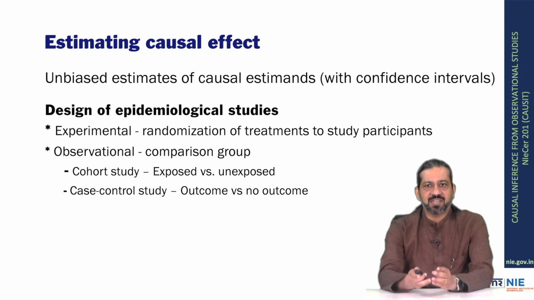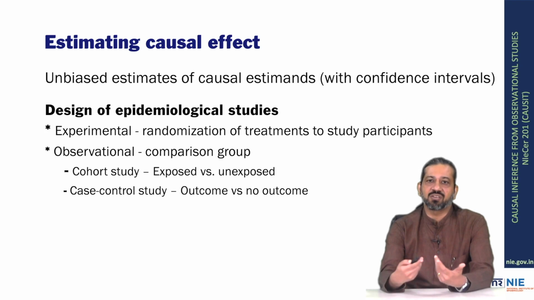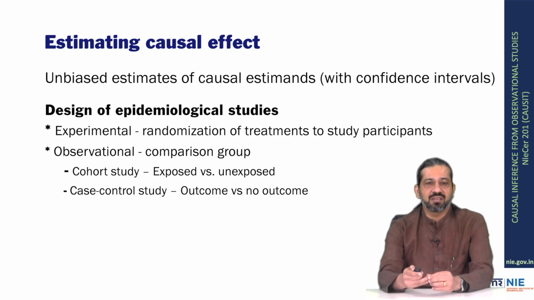And the assignment mechanism for the exposure in observational studies can be considered to be unconfounded only after first identifying the confounders and then conditioning or adjusting on the observed confounders for which we have data, right?